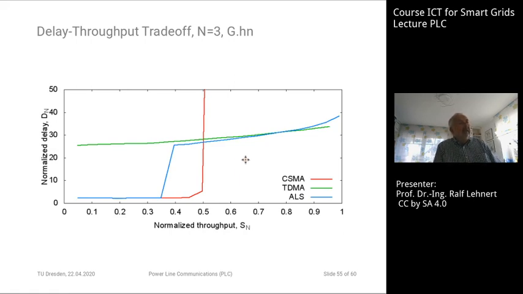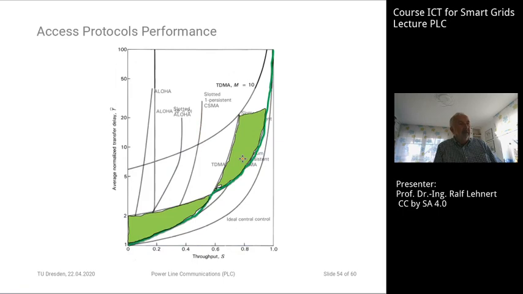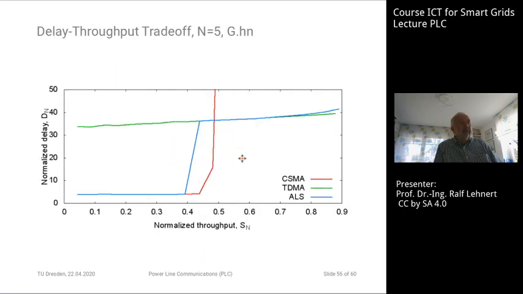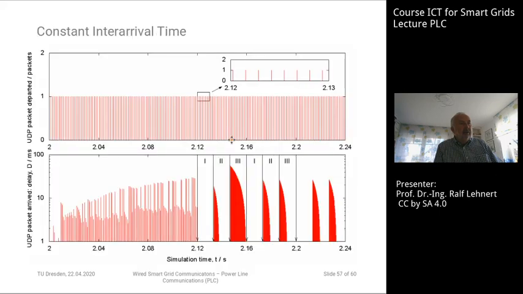Each mechanism extending the complexity of the system has some effect, but in total the advantages are much higher than the disadvantages. Sorry. And here we compare for a different number of active users.